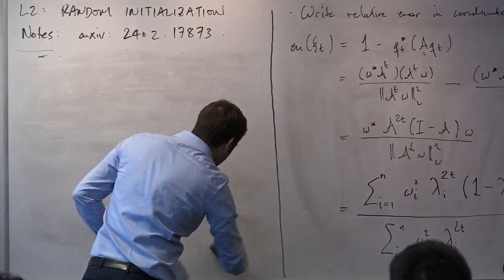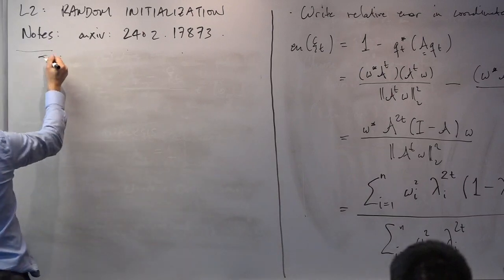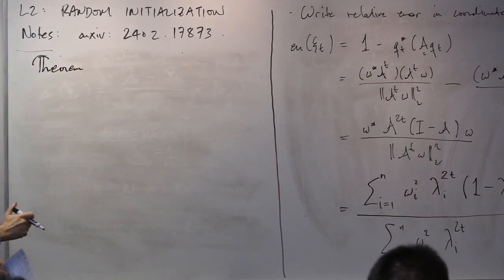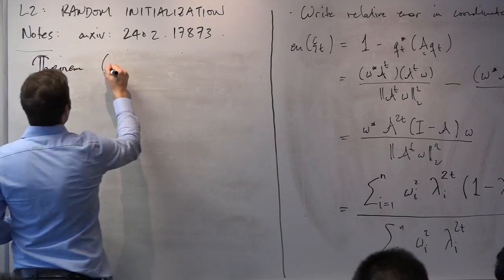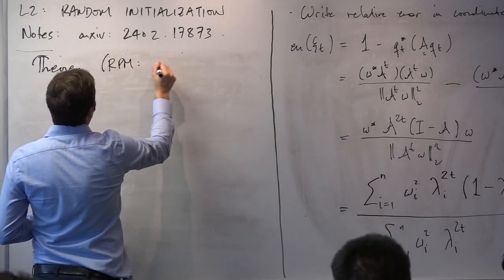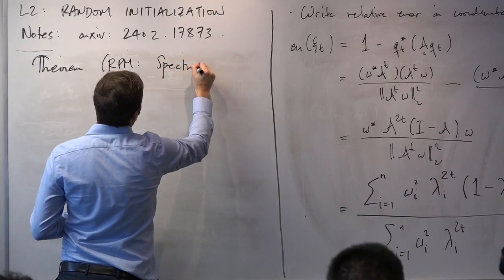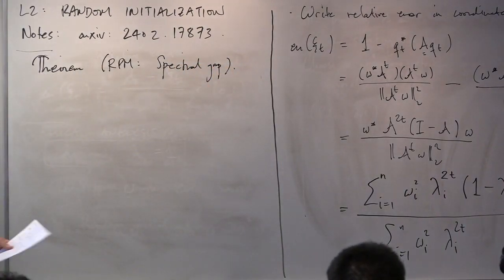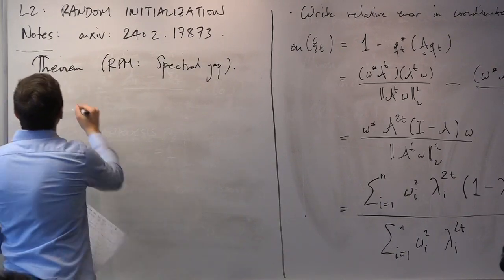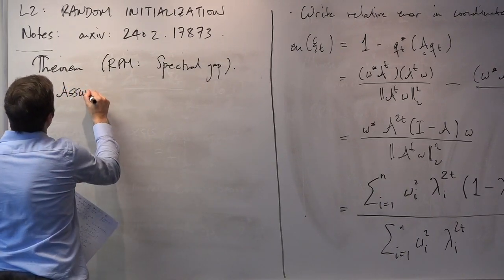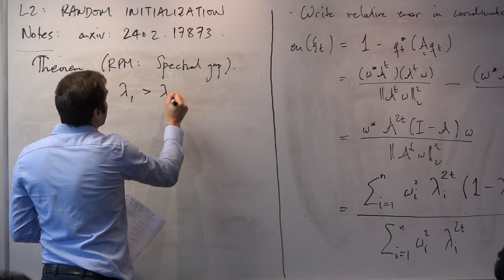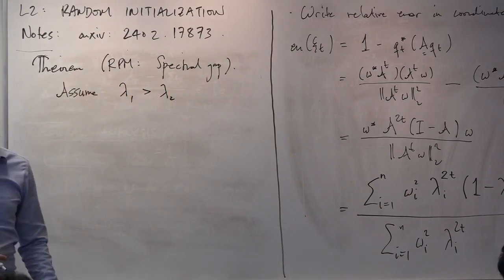Okay, so let me write down the first theorem, and we'll talk a little bit about this. Randomized power method with a spectral gap. As you may know, classical analyses of the power method always assume that the leading eigenvalue is separated from the second eigenvalue, or maybe the third or the fourth.